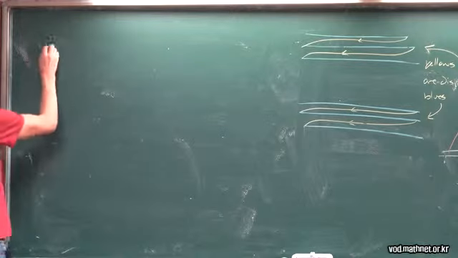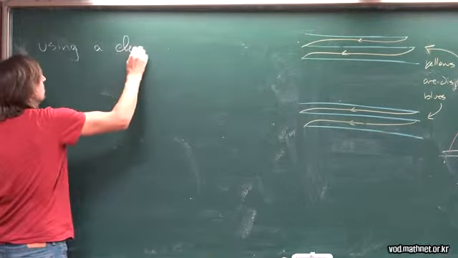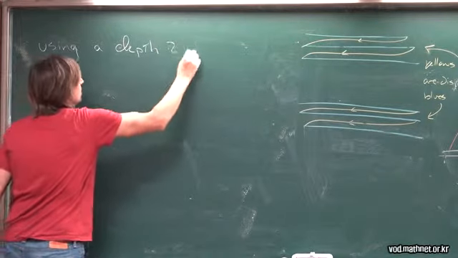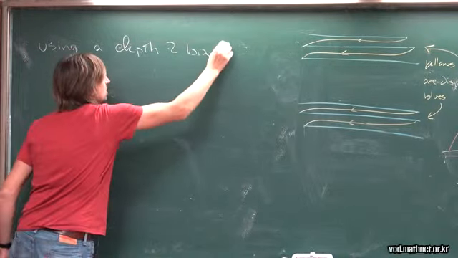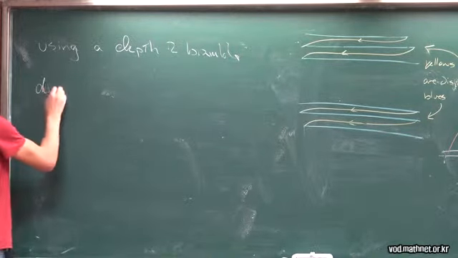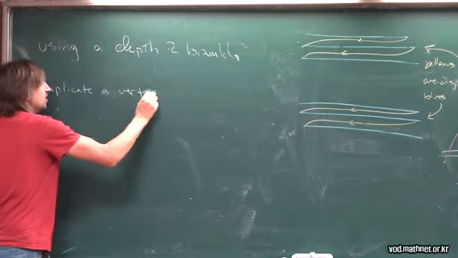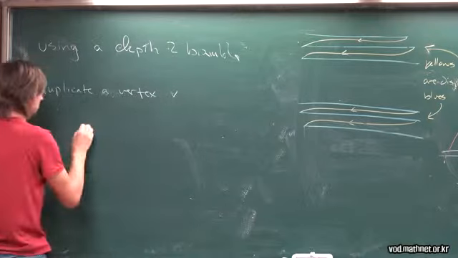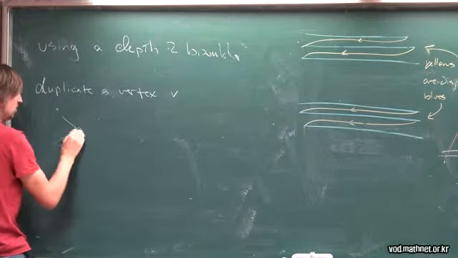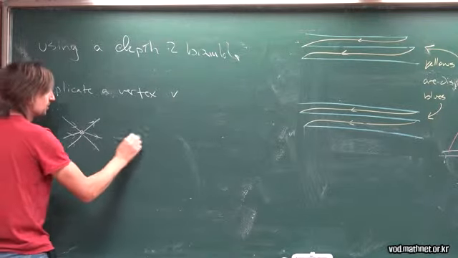Okay, so using a depth 2 bramble. So this is the second step there. So let me say, to duplicate a vertex is just what it should be.